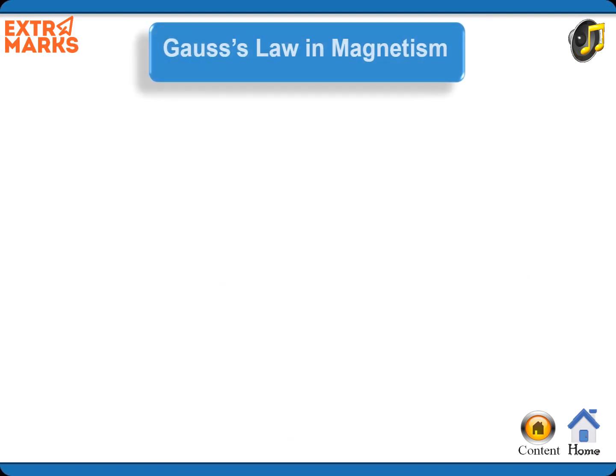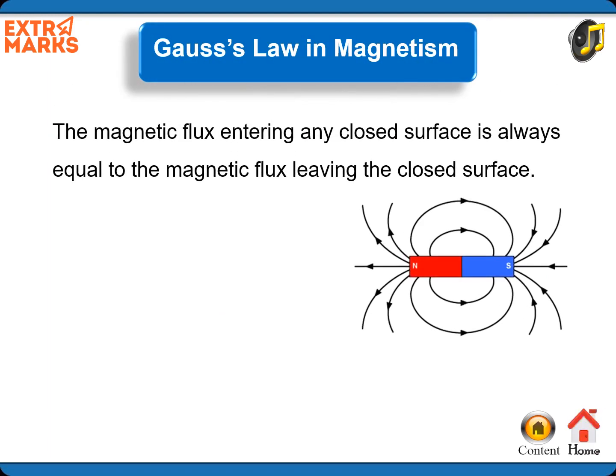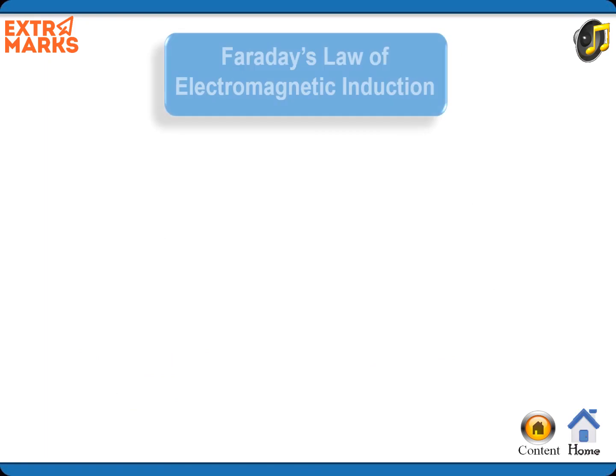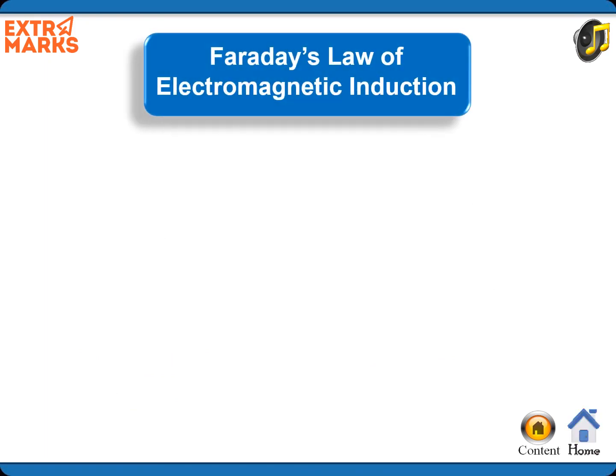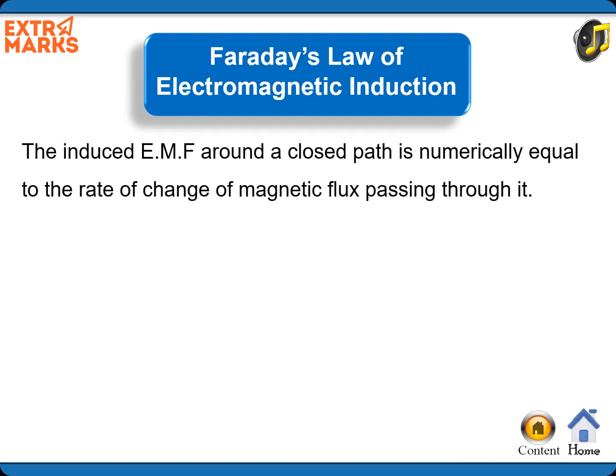Gauss's law in magnetism states that the magnetic flux entering any closed surface is always equal to the magnetic flux leaving the closed surface. Faraday's law of electromagnetic induction states that the induced EMF around a closed path is numerically equal to the rate of change of magnetic flux passing through it.